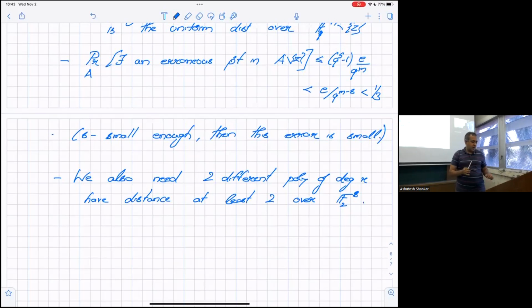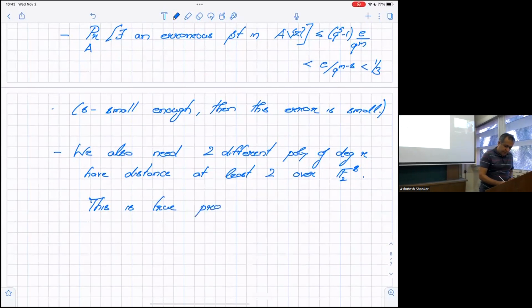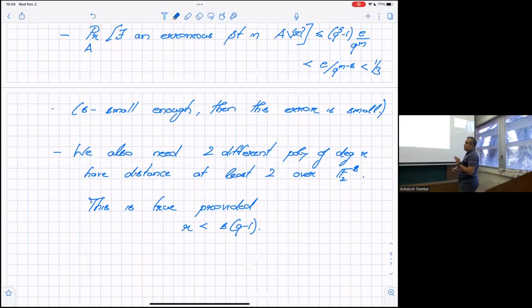Okay, this is what happened. And if you stare at the Schwartz-Zippel Lemma, you see that this is true, provided R is strictly smaller than S times (Q minus 1). This will actually go into your fourth problem set.